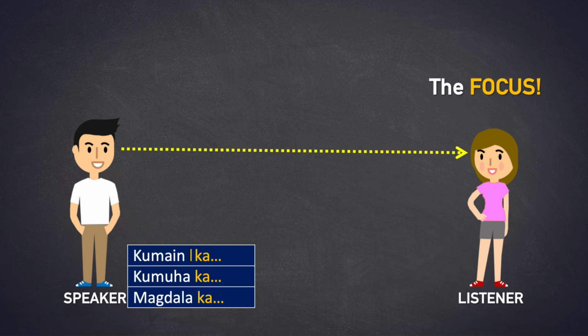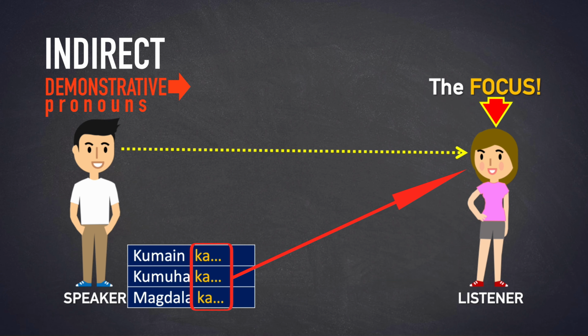It is the subject, ka, you, who is the focus. Kumain ka, you eat. Kumuha ka, you get. Magdala ka, you bring. And whatever is the object of the sentence is represented by an indirect pronoun. Got it? If not, don't worry. I'll cover this extensively in another video.